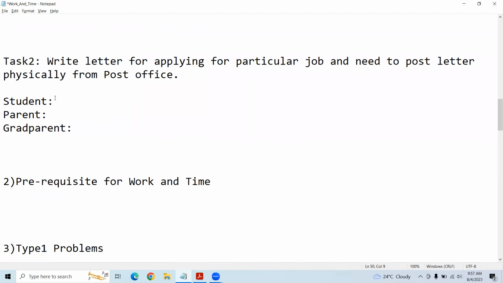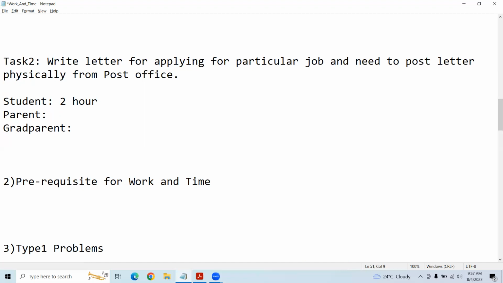So if we give this task to a student, he'll not be able to understand which postcard he has to take, which stamp he has to apply on it. So he might need to get all this information, to write the letter and where to post it. He might require 2 hours to do that work because he needs to gather information before actually writing the letter and how to post it.